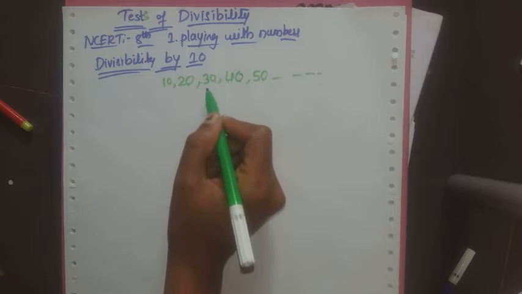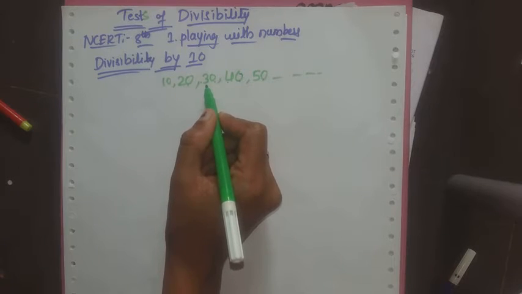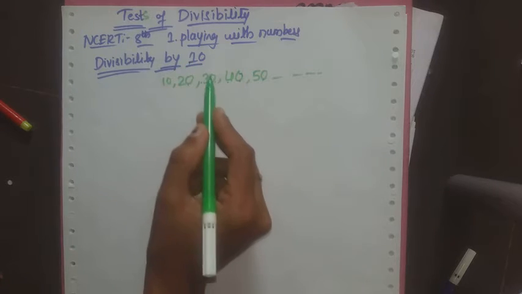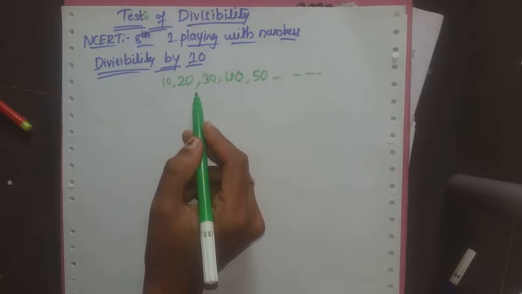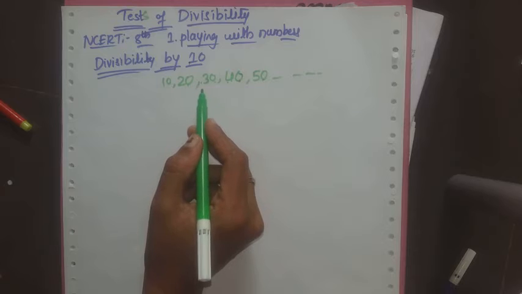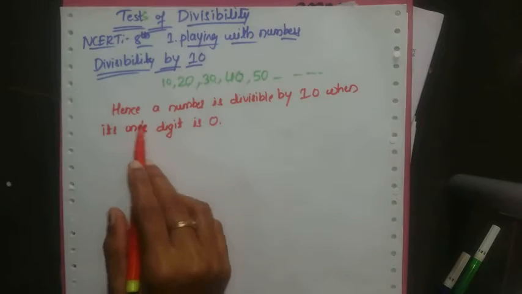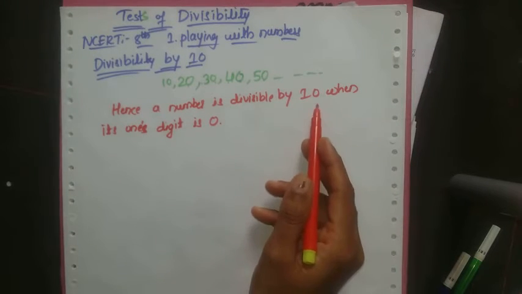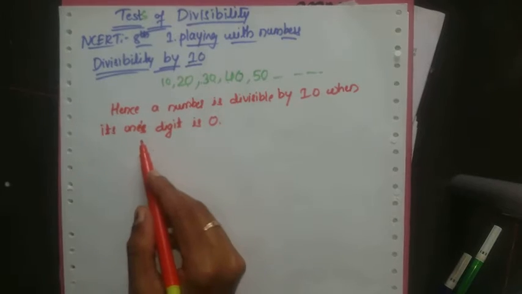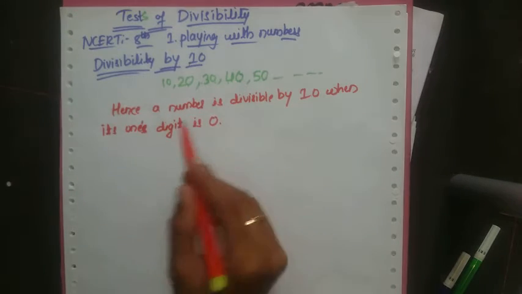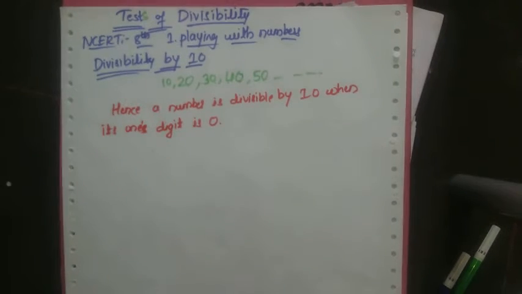Hence we can conclude that a number is divisible by 10 when its ones digit is 0.